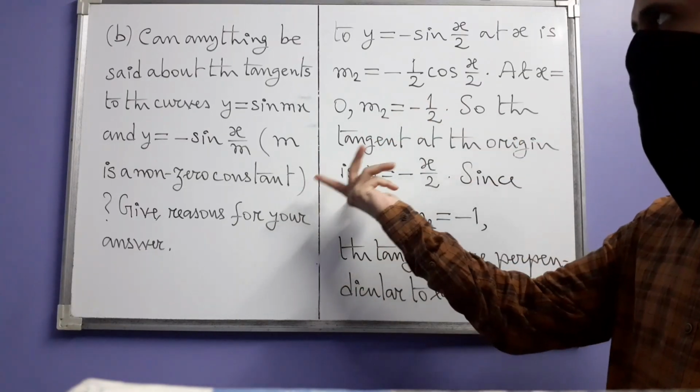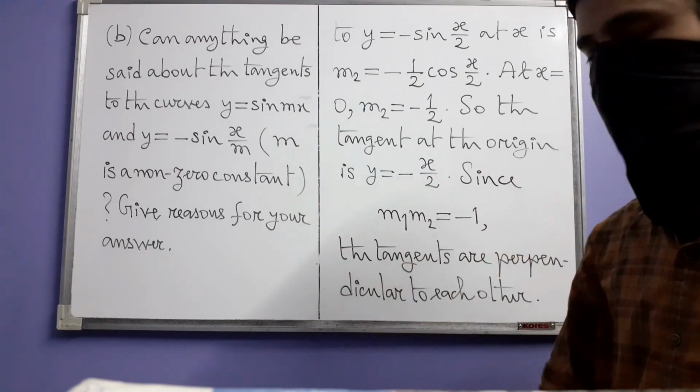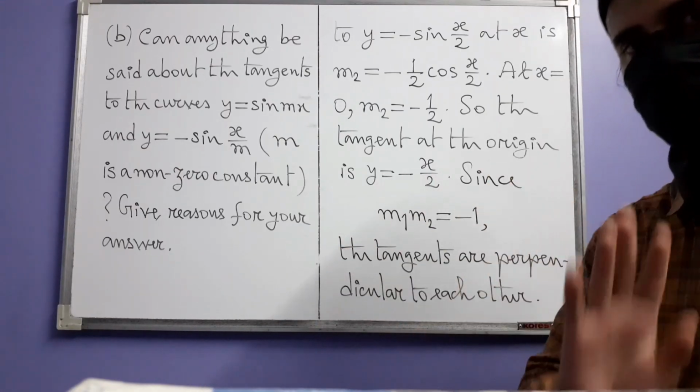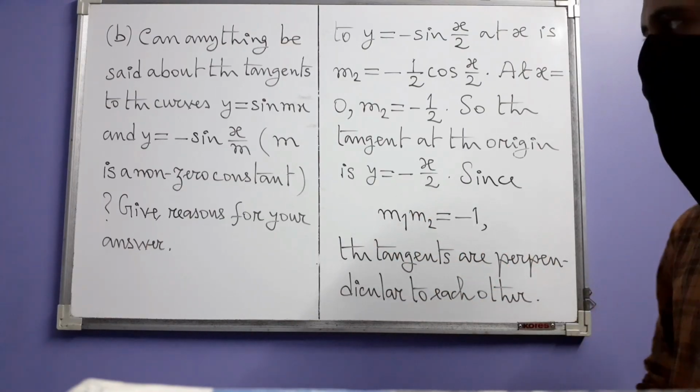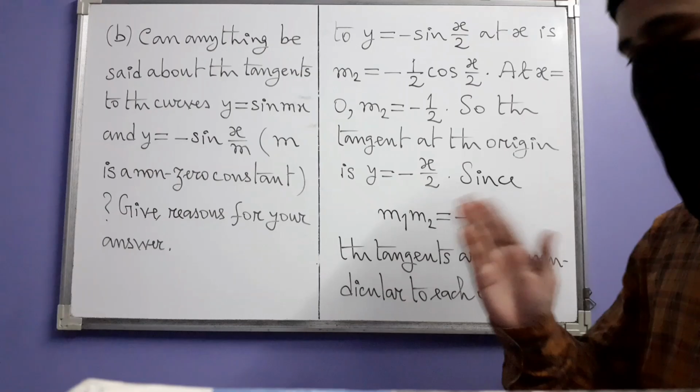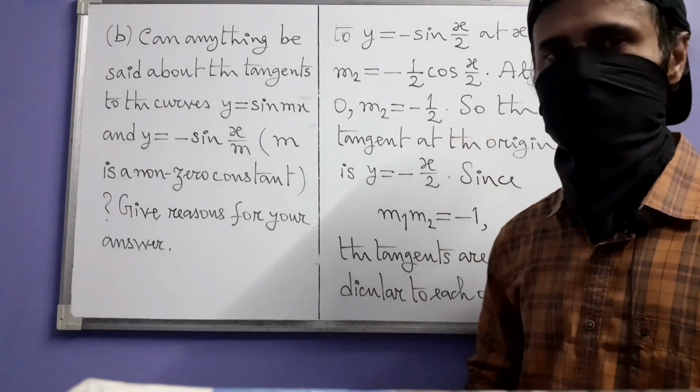Well, I forgot to write at the origin, but at the origin. Give reasons for your answer. Exactly the same thing. Here also the tangents will be perpendicular to each other, and I urge you to similarly go through the steps and find the tangents to these curves at the origin.